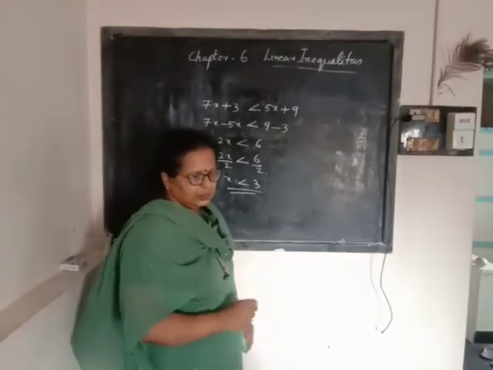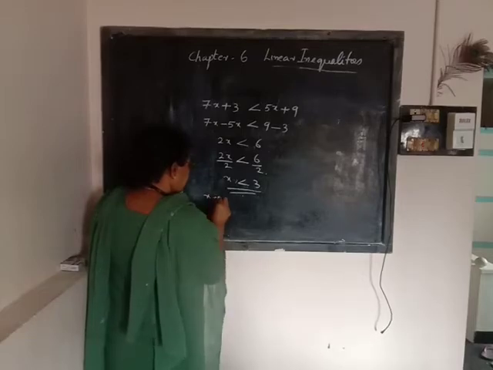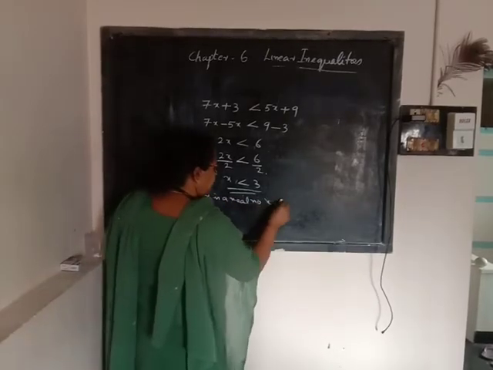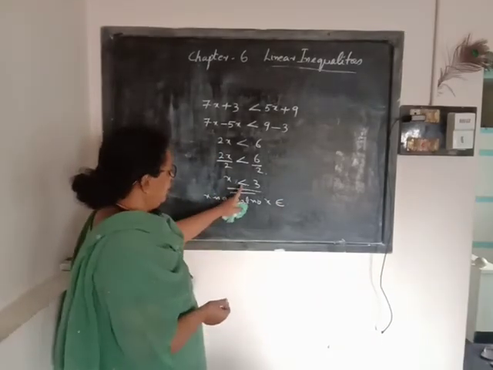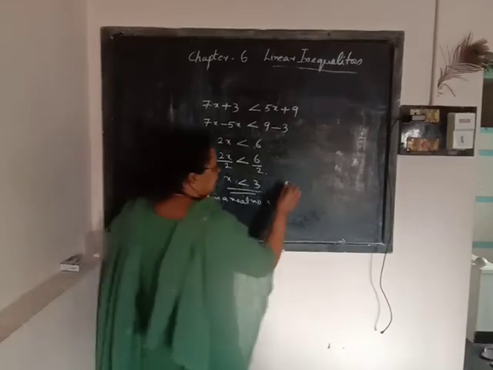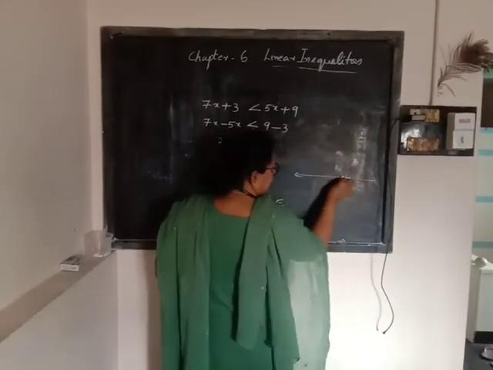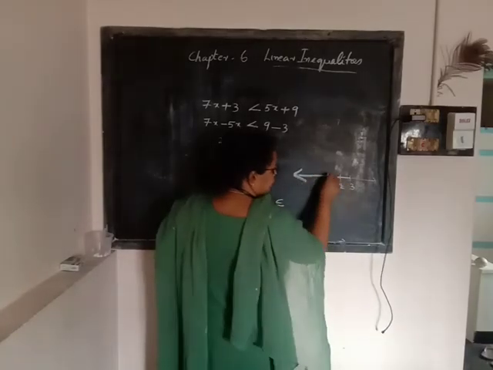X less than 3. If x is a real number, what is the solution? We have to write it in interval form. X less than 3 means this is 3, and less than 3 means the left part of 3: 3, 2, 1, 0.